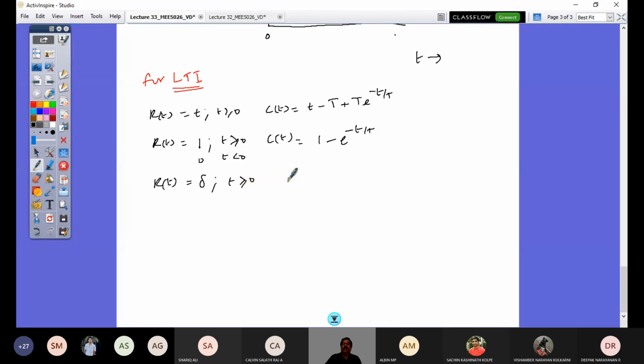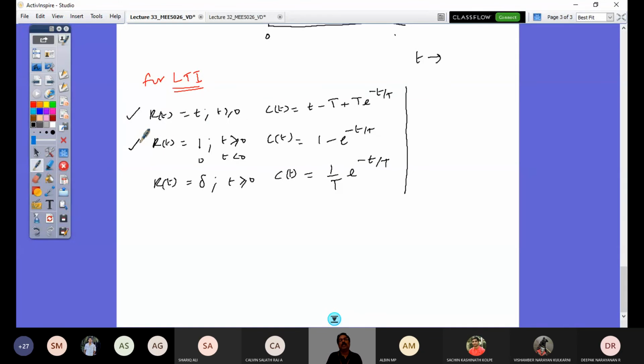So these are going to give you an interesting observation: the first function is the unit ramp function. If I differentiate this function, I get my step input function. If I differentiate this further, I get my unit impulse function.